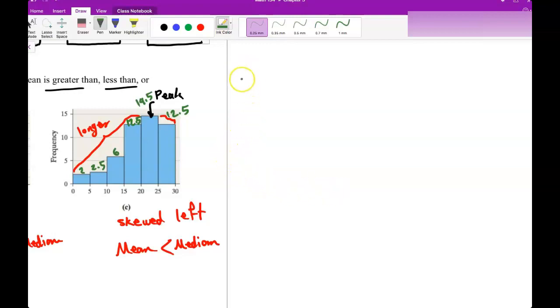First step, finding the sum of frequencies, because we're going to use that to find the median.